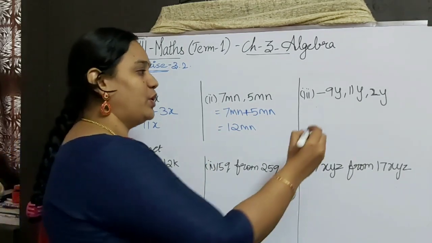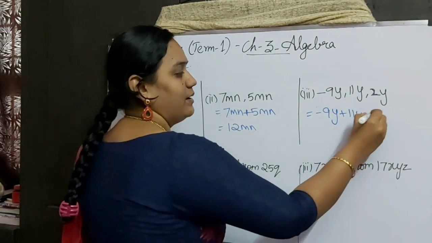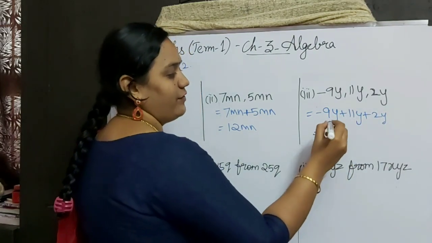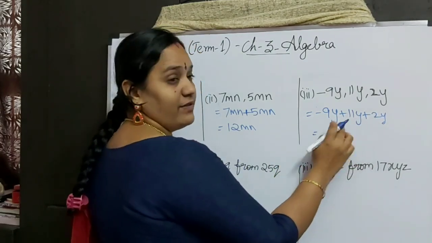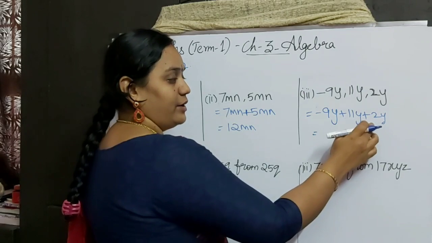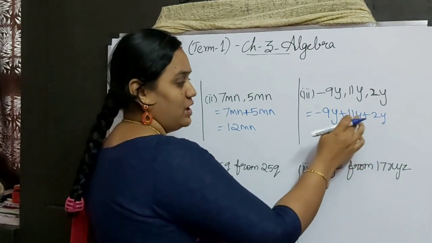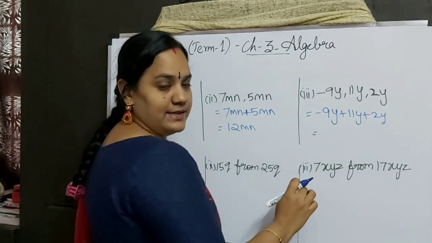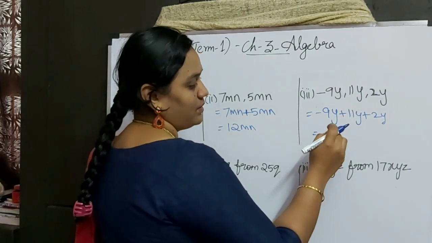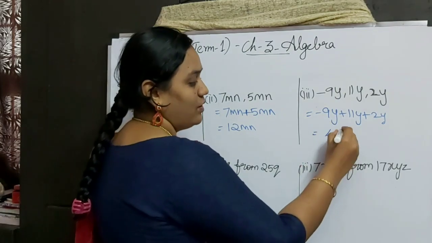Okay. The third one is minus 9y plus 11y plus 2y. Here the coefficients are minus 9 plus 11 plus 2. So here we have 2 numbers as positive numbers. So we can add these two numbers. So 11 plus 2 is 13. 13 minus 9 is 4y.